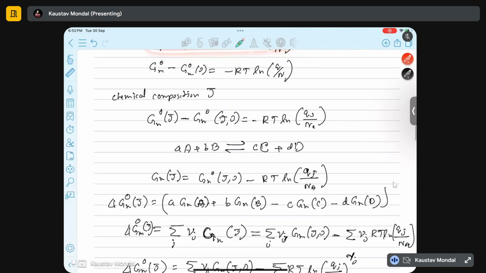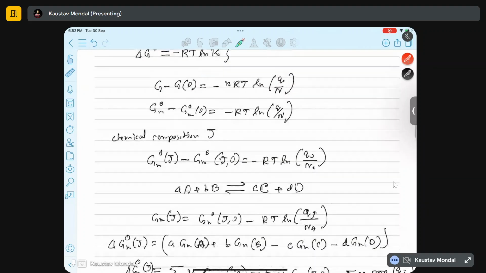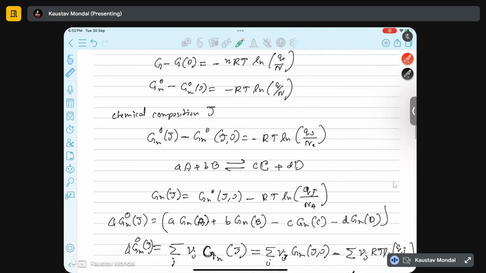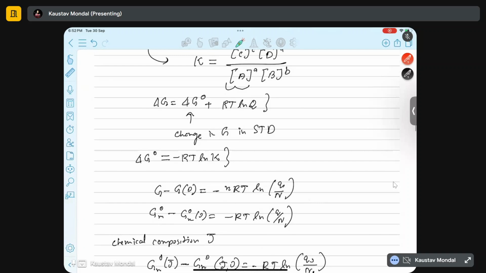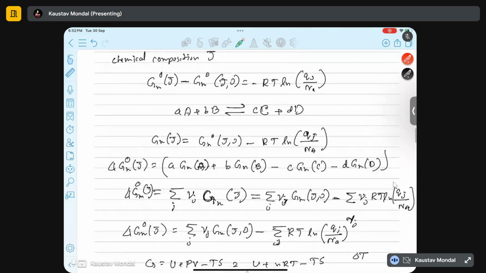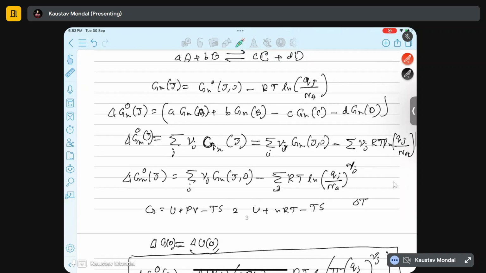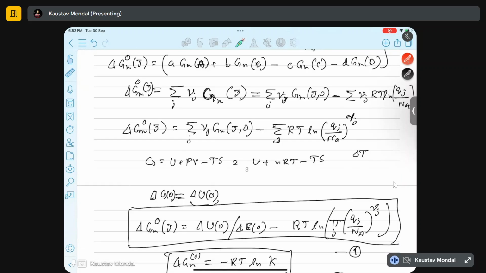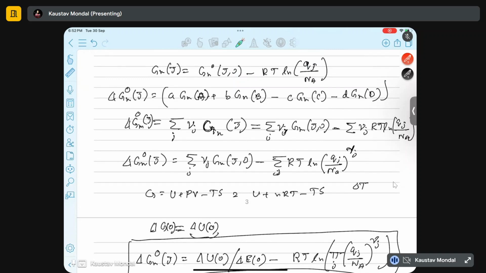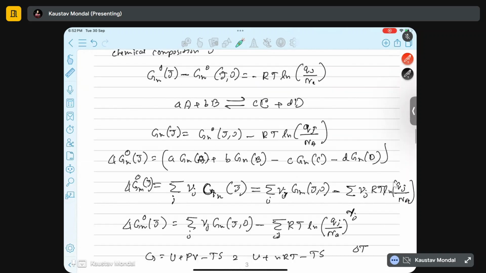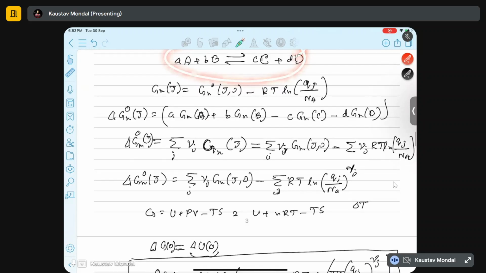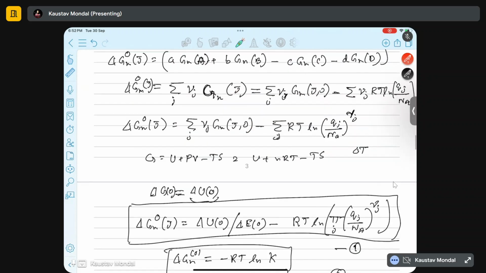Now from here, we have written Q as the partition function, the system partition function in terms of the molecular partition function. From there, we calculated for a reaction like this the change in the Gibbs free energy, where nu J is the stoichiometric term.